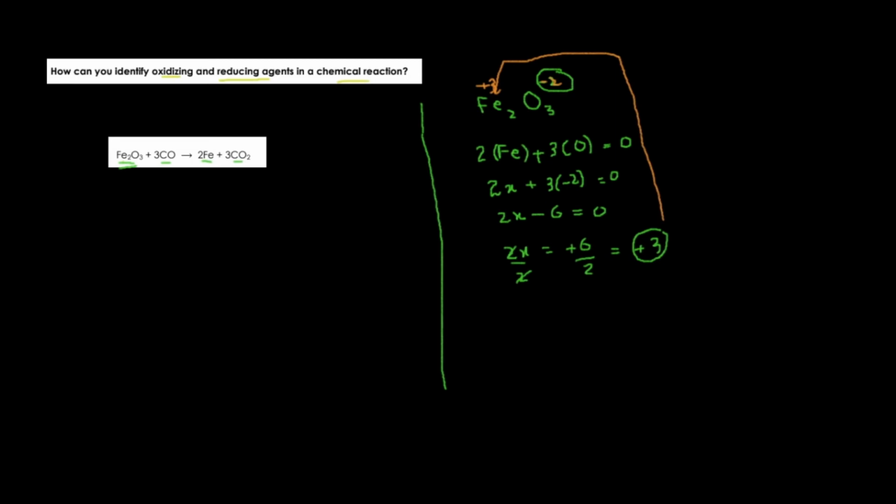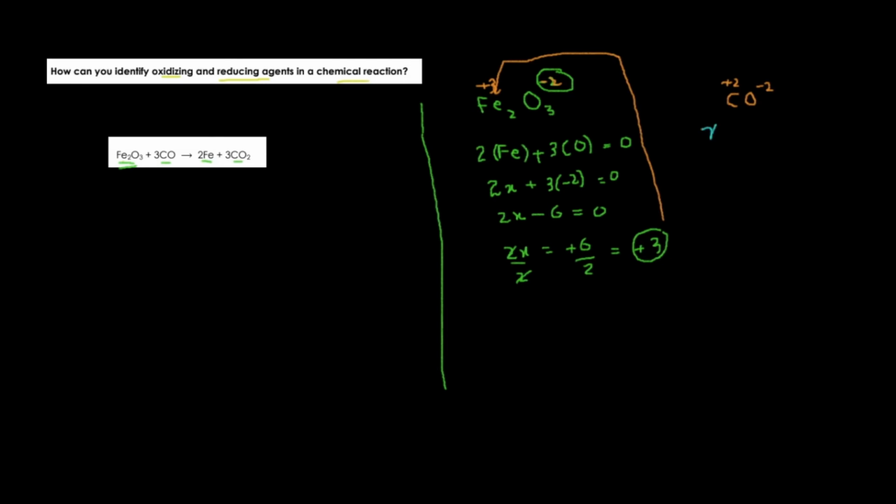Now we are going to find out the oxidation state for carbon monoxide. As you can see, this carbon monoxide is composed of carbon and oxygen. Oxygen has a -2 charge, so definitely carbon has a +2 charge. How? It can be found with this simple method, which is like this.